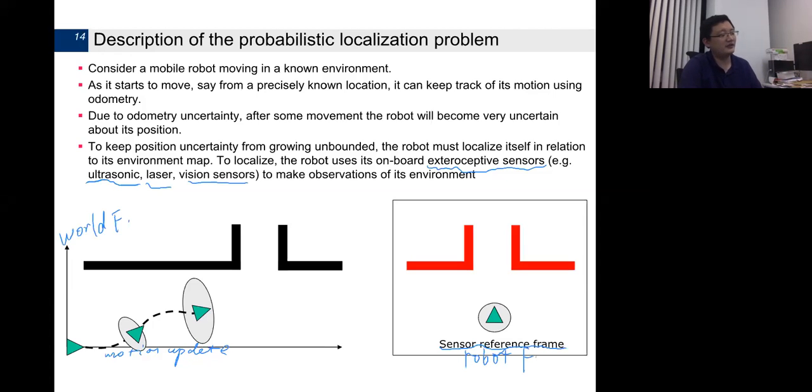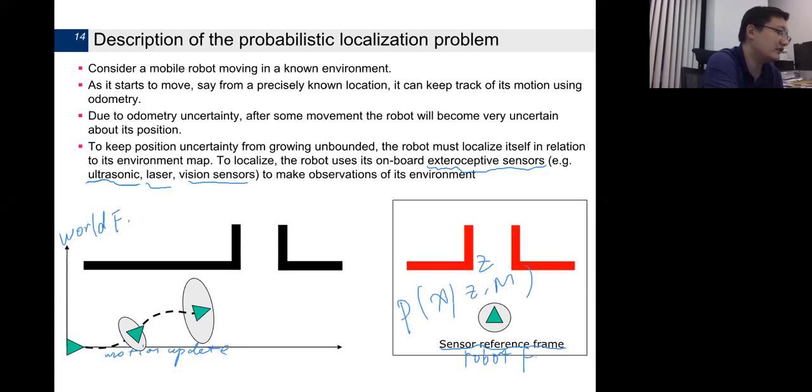In this frame, now you observe the door, this opening, and this observation can be Z. So you have Z, you have M, and where I am, you want P of X given Z and M. Exactly the same equation as the 1D case.